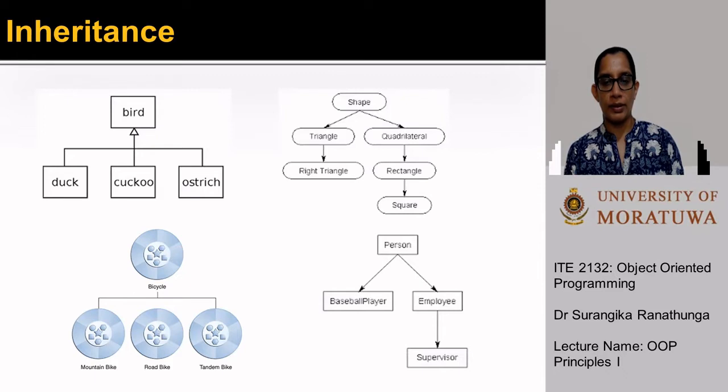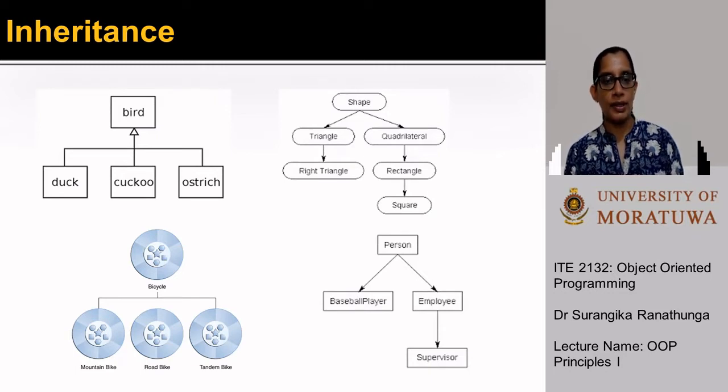A baseball player, an employee, everyone is a person. And you can have hierarchies as well. A rectangle can be a square or a rectangle, and an employee can be a supervisor or a junior laborer.